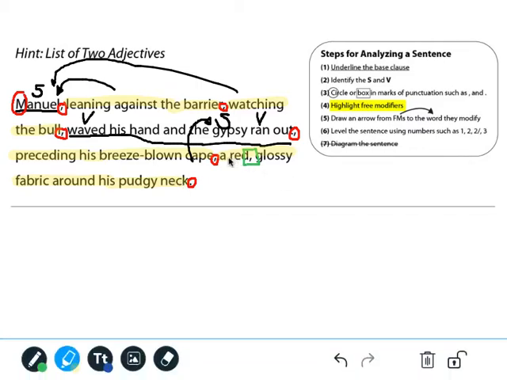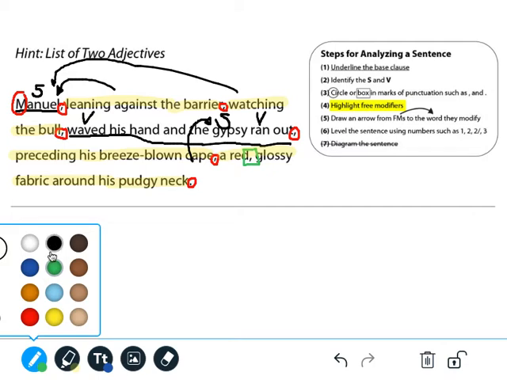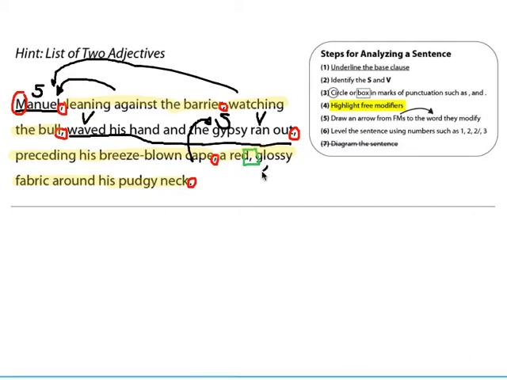Because what we get is an entire free modifier with a comma in it that, in this case, modifies the cape.